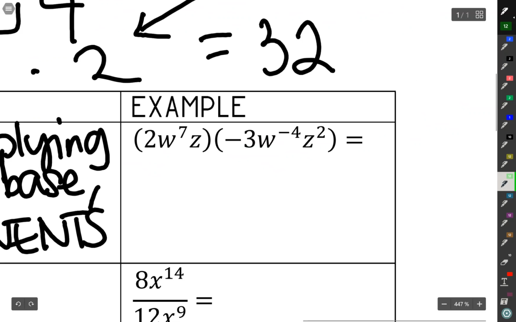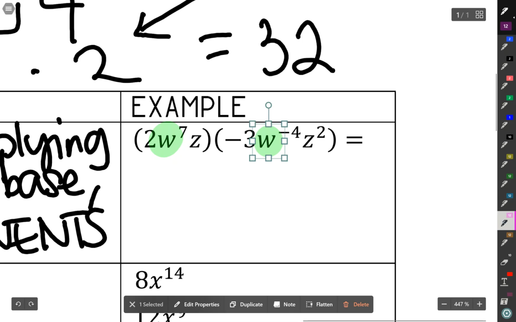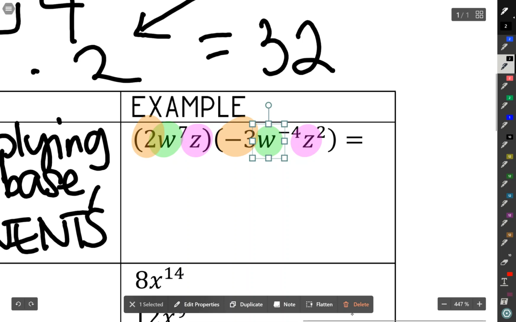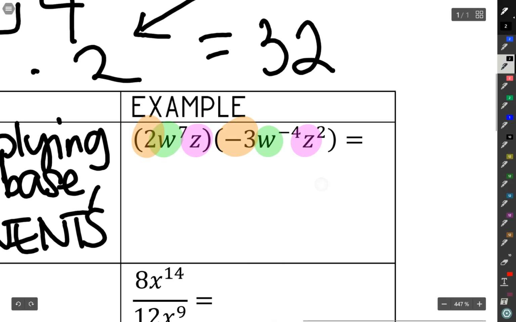First of all, when you have 2 things of the same base, or you've got 2 variables, we have w's, and we have z's, and we also have regular old numbers. For example, we have 2 and a -3. So the 2 and the -3 are just regular old numbers, so we just multiply them as normal. 2 times -3 is -6.